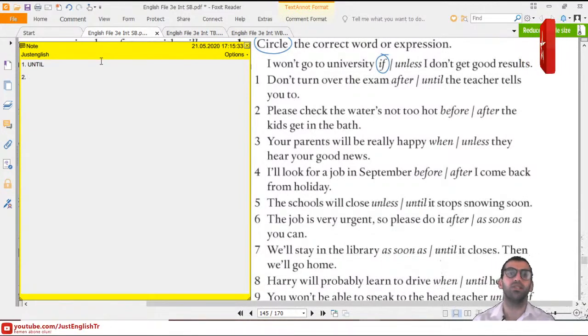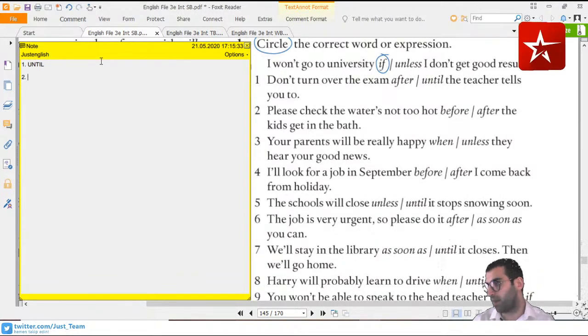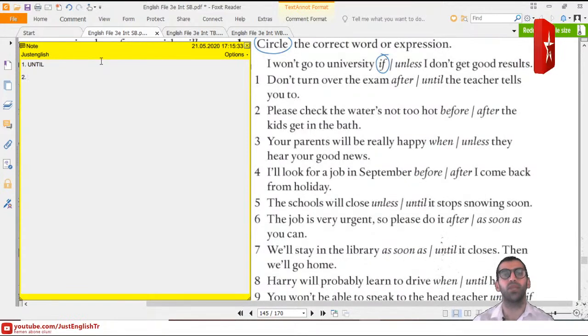Great. Number two, please check the water is not too hot before or after the kids get in the bath. Yes, until is a correct answer, Azime.